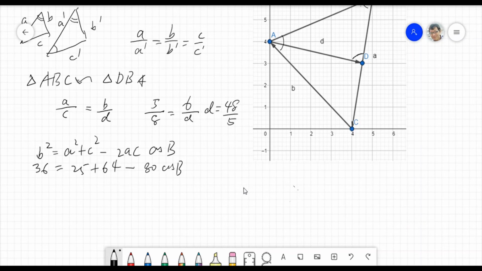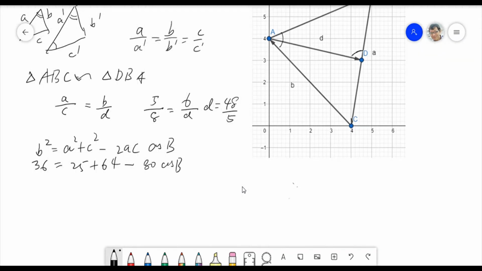So 89 minus 36 is 53, right? Negative 53 divided by negative 80 cosine B. So divided by 80, this is cosine B. So we get cosine B already.